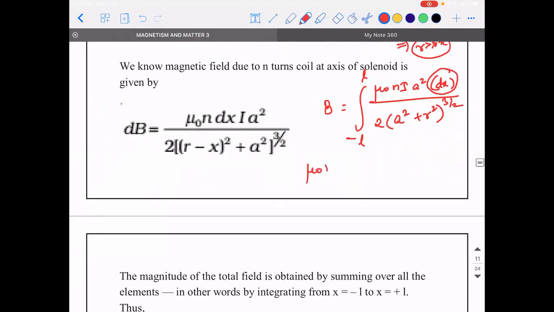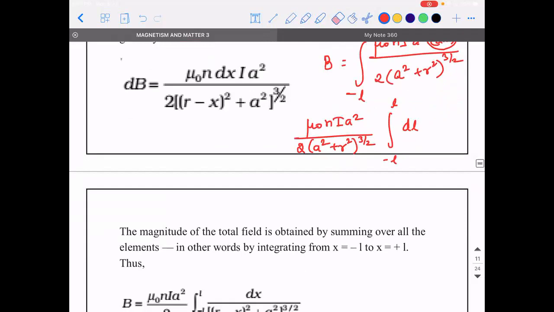So mu naught n I A square divided by 2 into A square plus r square the whole power 3 by 2 into integral of dx will be 2 times L.